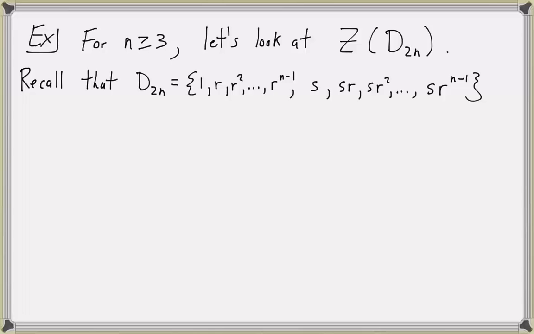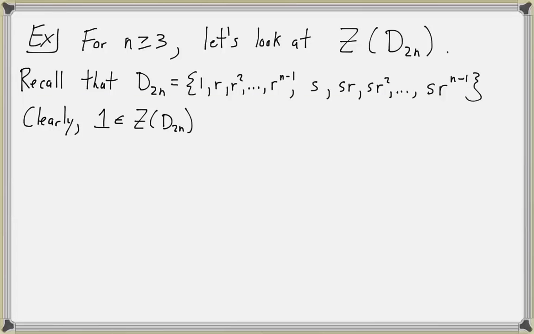So these are all the 2n elements of this dihedral group. Now we know that the center of D2n is a subgroup of D2n, and so therefore it contains the identity element. The identity commutes with every other element of D2n. So clearly the identity is in the center.